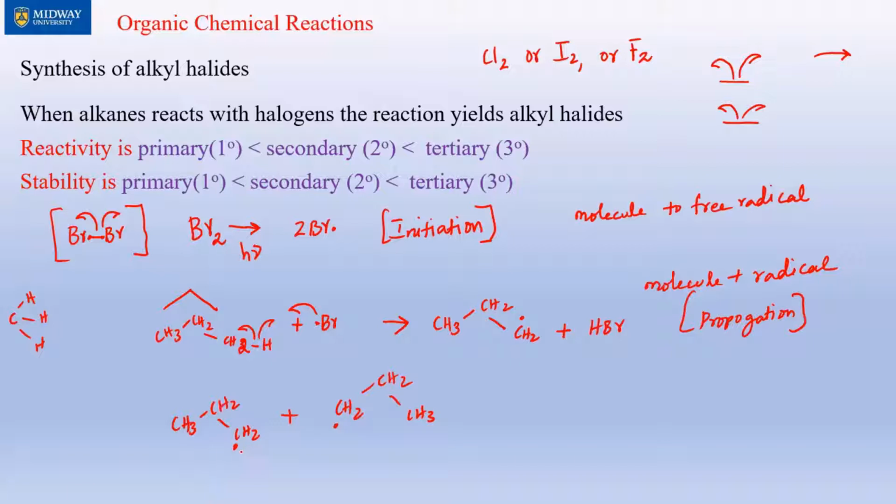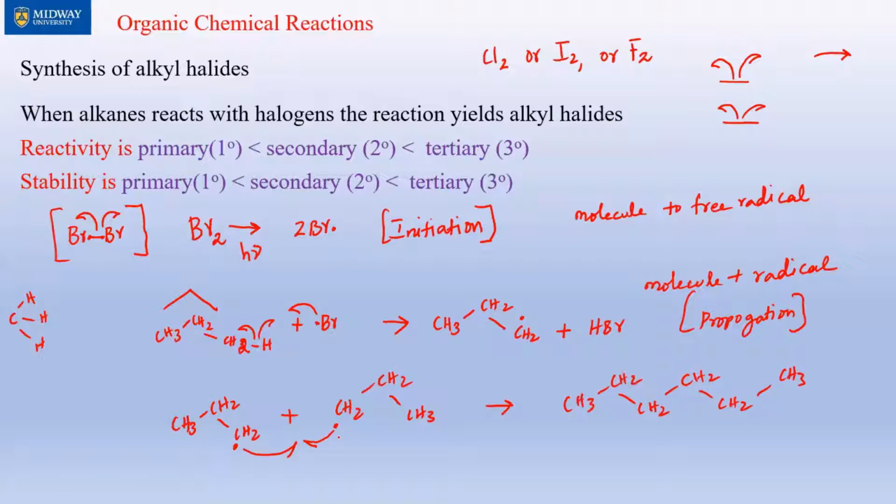Remember, whenever a free radical is made or formed, you cannot use a full arrow. So this reacts with this, and you end up making CH3, CH2, CH2, bond CH2, CH2, CH3, right?